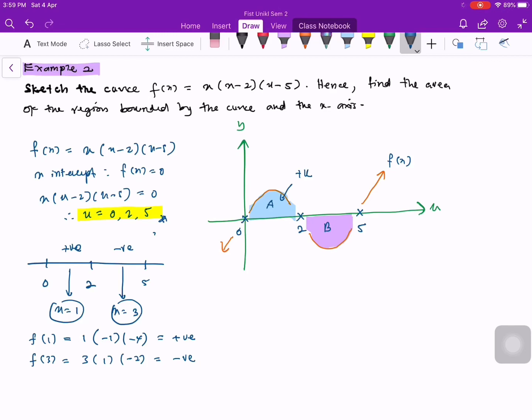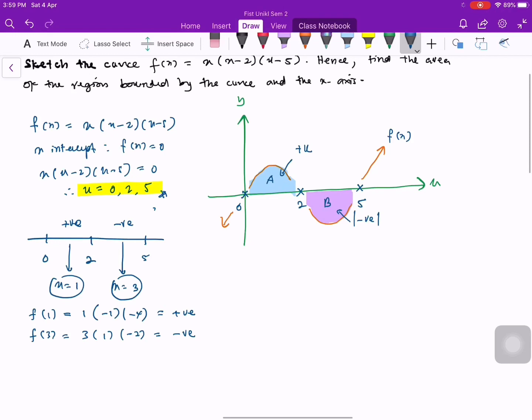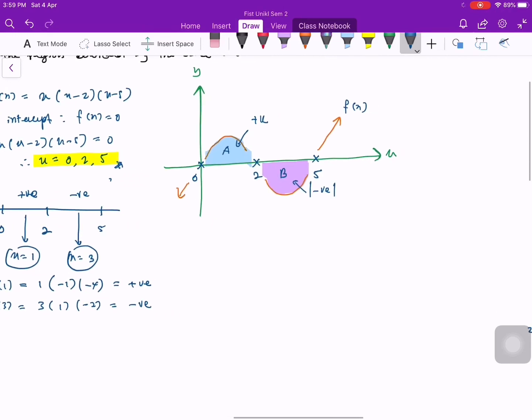Kita akan dapat positive of integral. And this one is actually a negative of integral, whereby kita akan letak nilai absolute value sebab kita nak dapatkan nilai area actually. So in order to calculate area of this region, okay, so area of the bounded region, okay, so this will be equivalent to A plus with B.